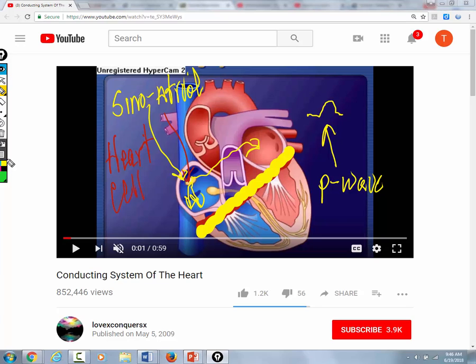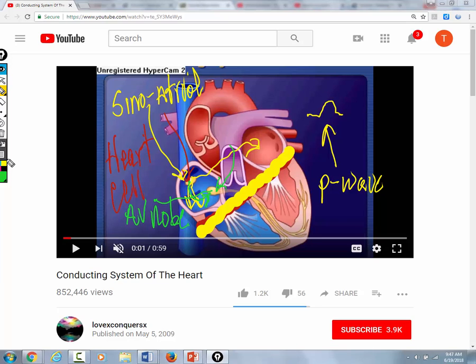To guarantee that the atria contract before the ventricles, you have the fibrous non-electrical conducting ring. Who's with me so far? So all of those impulses that were created by the SA node, they have to get to the ventricles. So all of those impulses are funneled into the next portion of the electrical conduction system called the AV node.